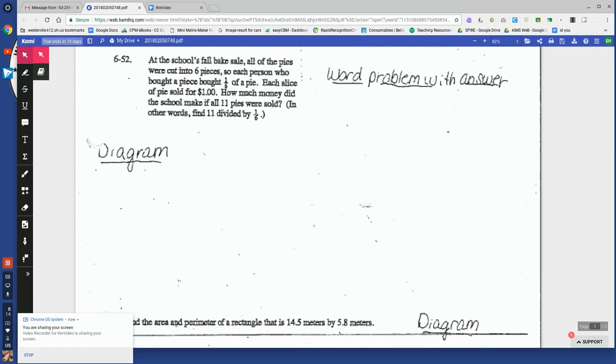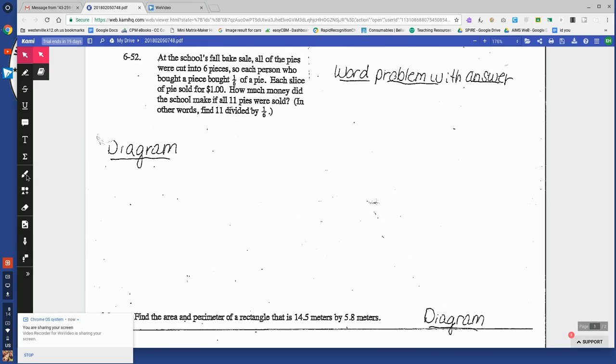Here we go, finally. So, if I go to my tool maker here, I can make some pies. So, again, I sold 11 pies with 6 pieces.